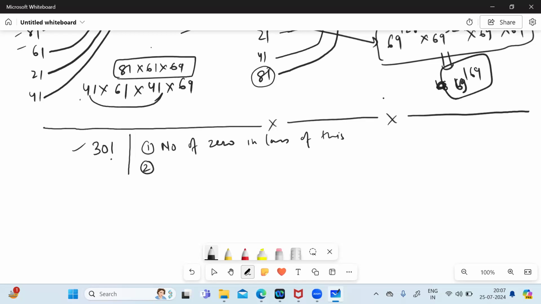Second question is the rightmost non-zero digit, sorry. So if you are getting a multiplication like 2, 6, 5, 2, 000, then the rightmost non-zero is this.